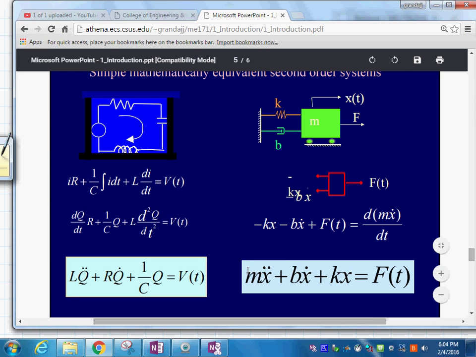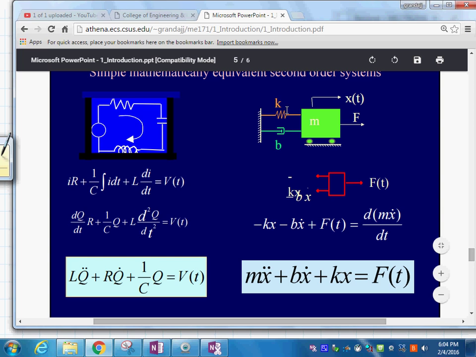What you may notice is that the format of this equation on the right hand side is like the format of this one on the left hand side. So how can that be if both of them are in different energy domains? It can be because the element that provides the electrical resistance, for example, operates in the electrical domain, while the damper here that provides the resistance occupies the mechanical domain.